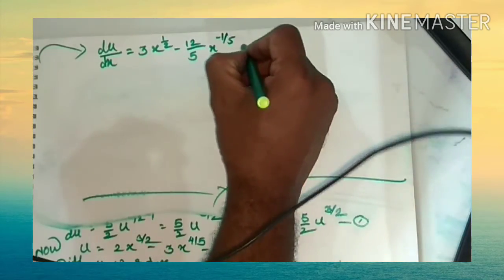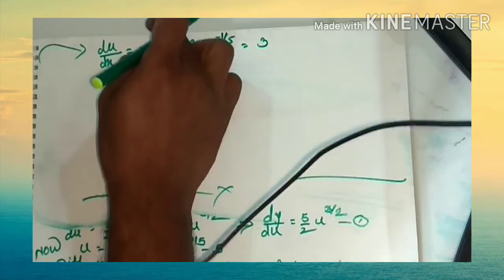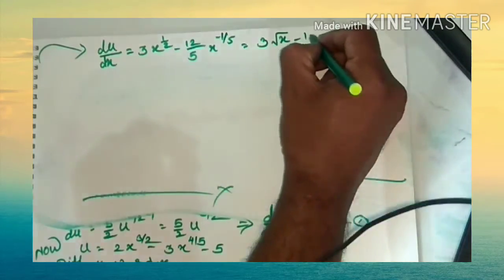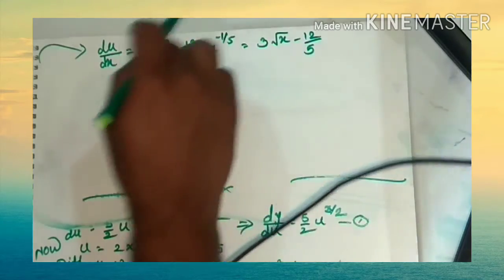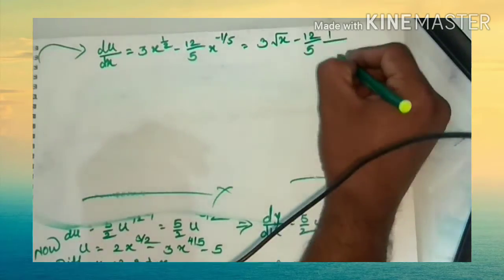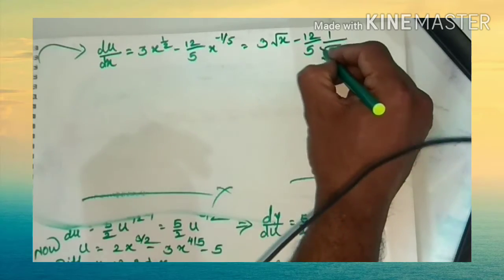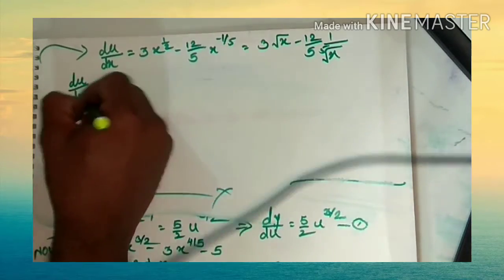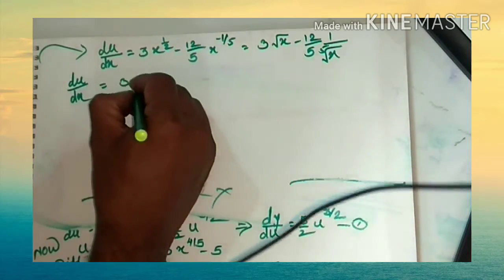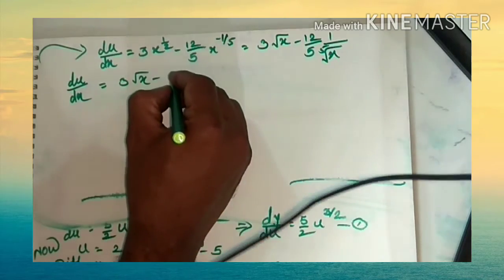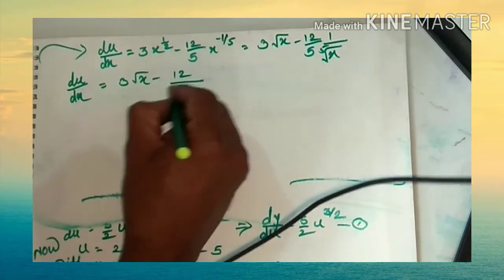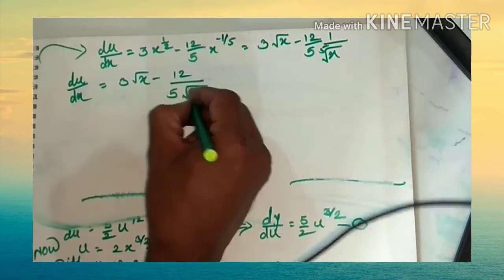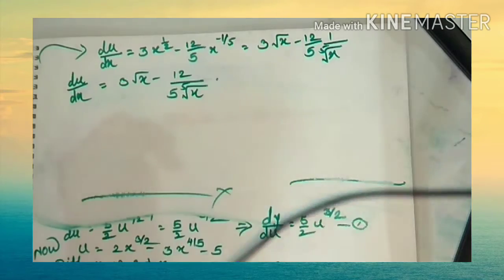So 3 x raised to 1 by 2, so that is root x, minus 12 x raised to minus 1 by 5, so it will become 1 upon x raised to root 5, isn't it? So ultimately it will be du by dx is equal to 3 root x minus 12 upon 5, okay, minus 5th root of x.